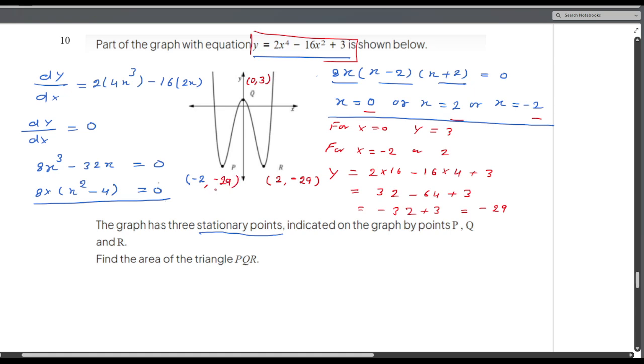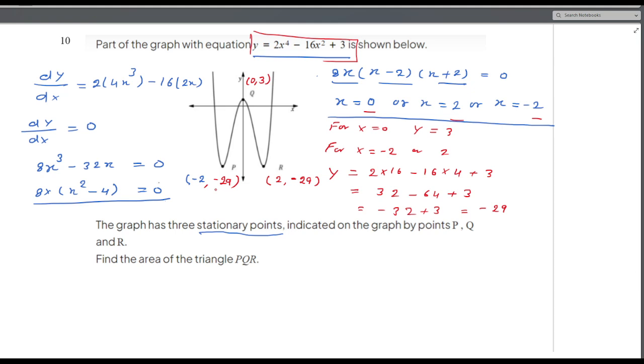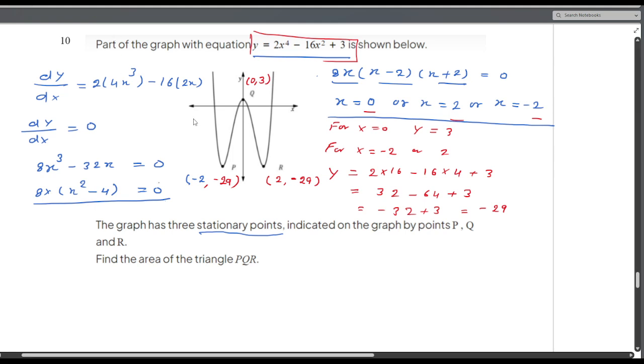Okay, let us once again check. If I put 2, so 2 power 4 is 16, so 2 into 16 is 32, then 2 power 2 is 4, 16 times 4 is 64, and then plus 3. Okay, so this is perfect.